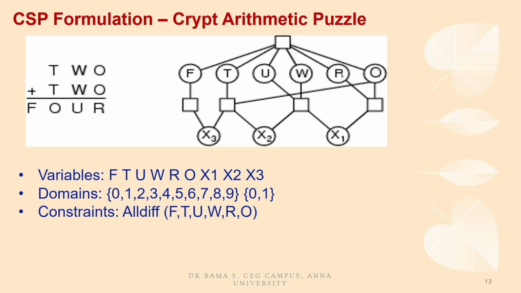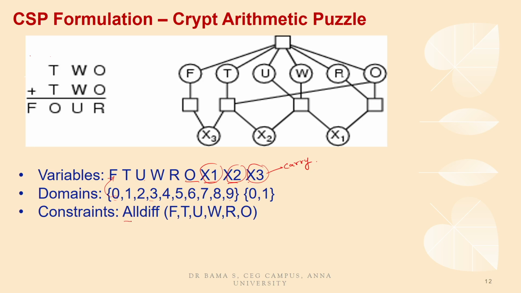Now, moving on to the second example, we saw this cryptarithmetic puzzle, where the variables are the characters F, T, U, W, R, O, and x1, x2, x3, which stand for the carry. The domains are the values that we are going to assign to each of these variables.